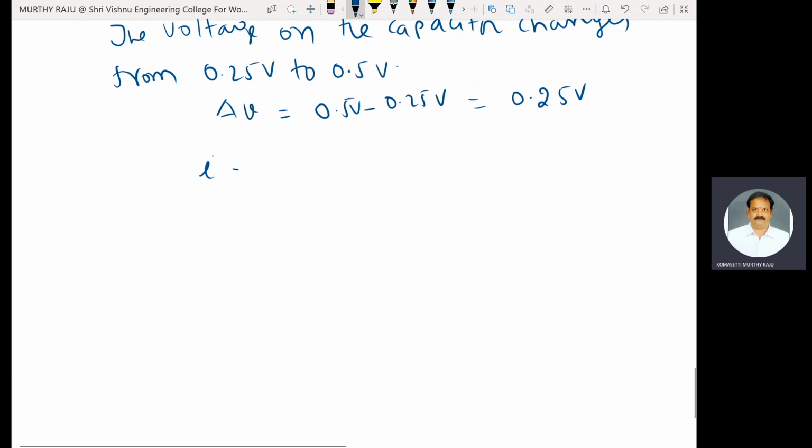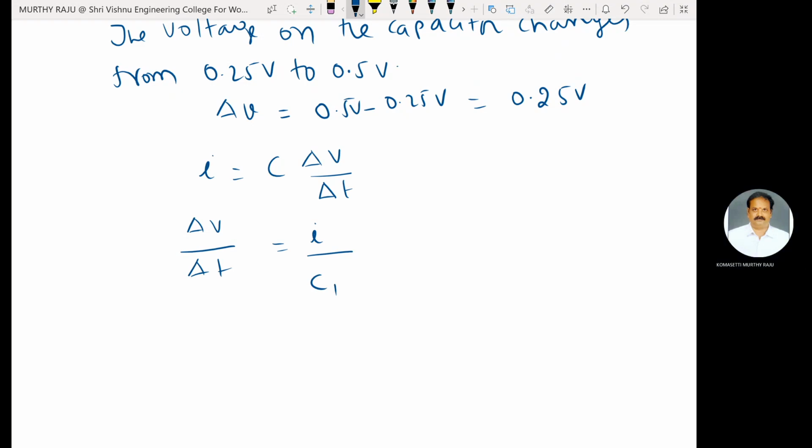We know that I is equal to C into change in voltage by delta T. The capacitor is charging with a constant current source, so the charging and discharging rates are similar. Therefore, delta V by delta T is equal to I by C1. Here C1 is used.